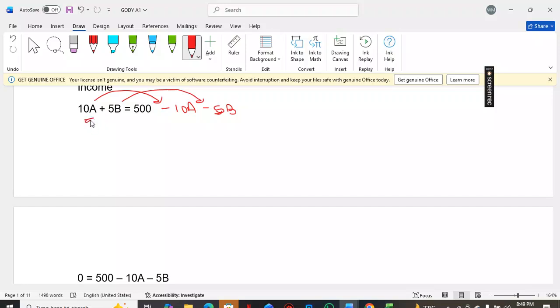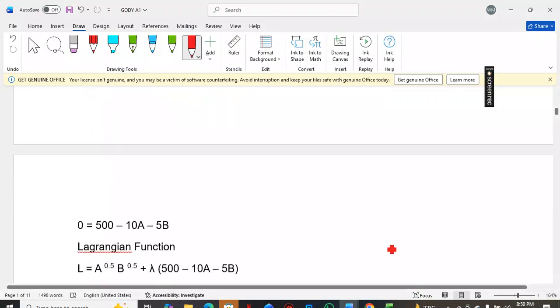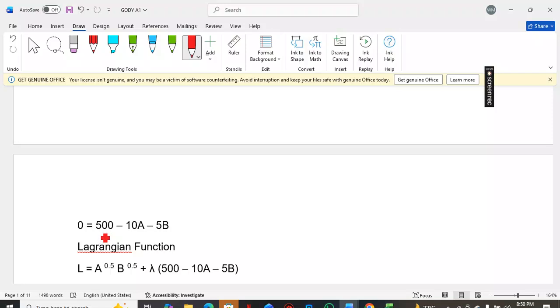Whatever the price and quantity of the goods that you have, just take them to the other side so that your equation looks like this: 500 minus 10a. Then this function is just a combination of the utility function plus the budget constraint.